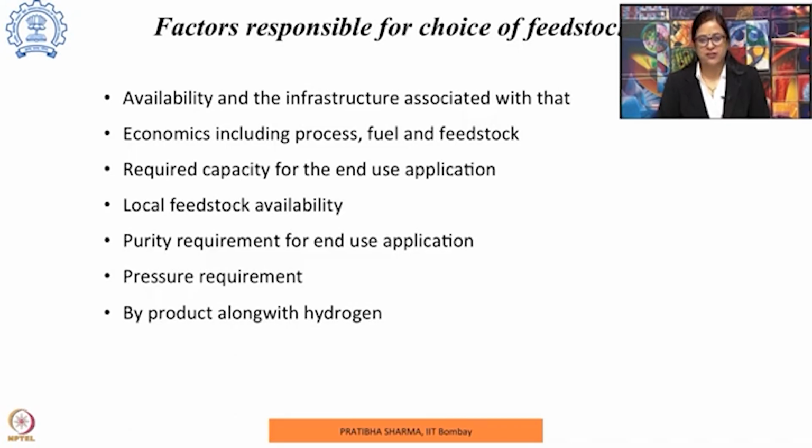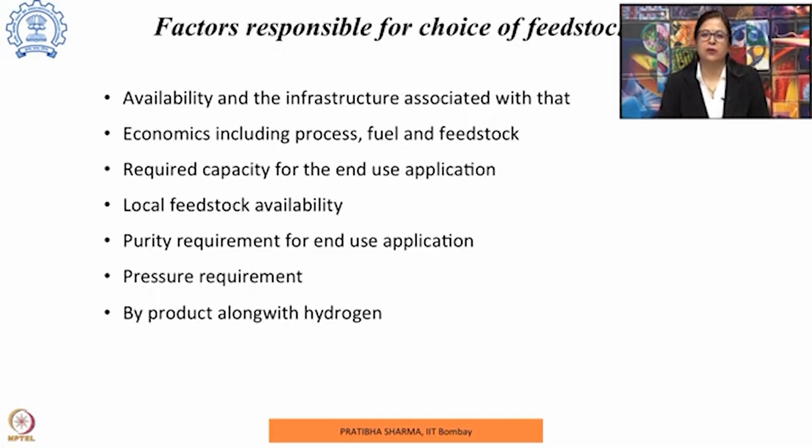So, which feedstock will be used for producing hydrogen also depends upon the requirement of the end use application. It also depends on what local feedstock is available. If coal is abundantly available, although it is very polluting and releases a lot of carbon dioxide emissions, it may still be the preferred feedstock for a particular region because the cost of the feedstock would be lower because of the availability.